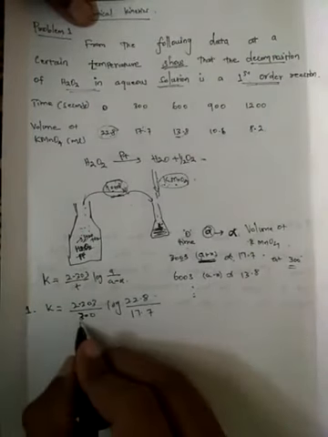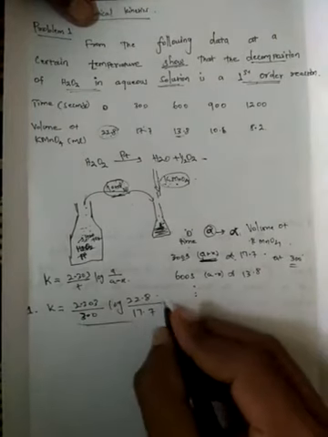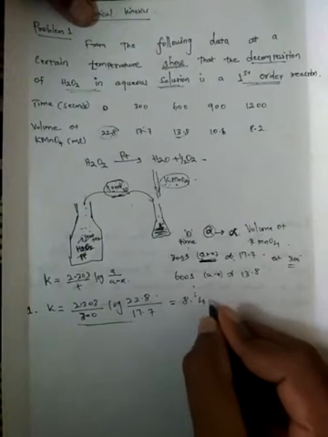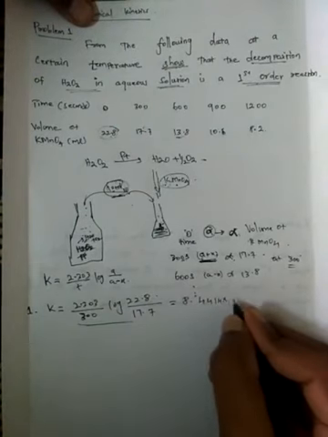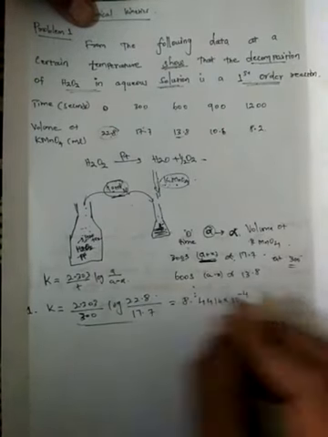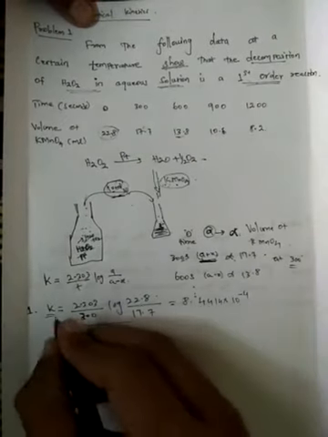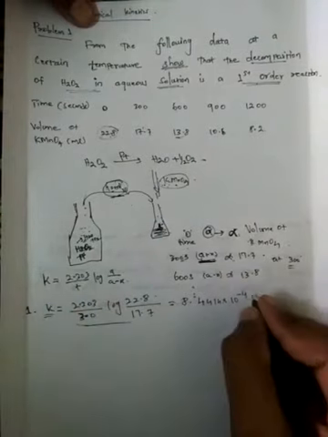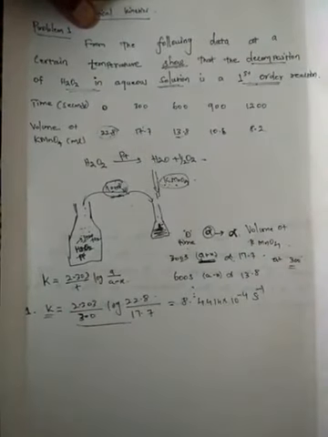If you work this out, you will get 8.4414 into 10 power minus 4. This is first order kinetics, and the unit of K will be second inverse.